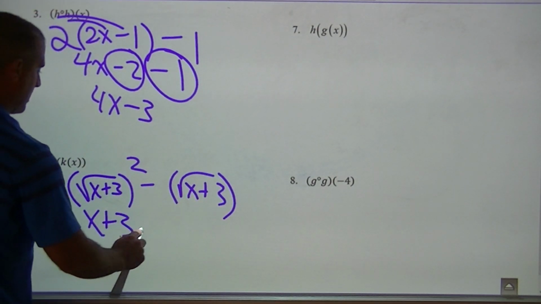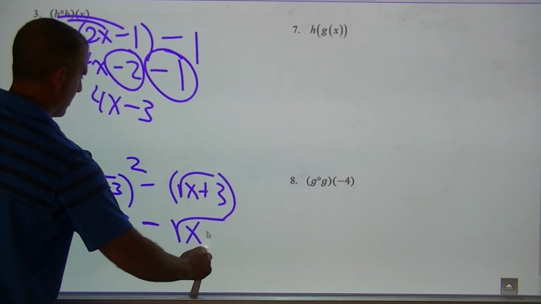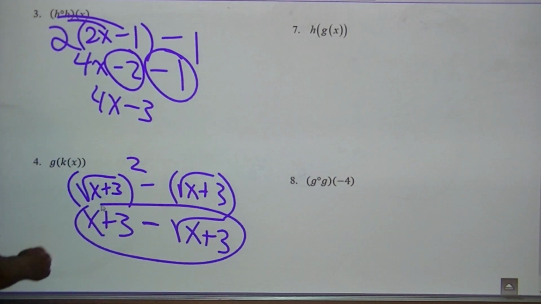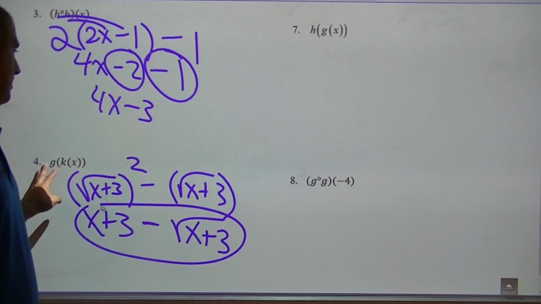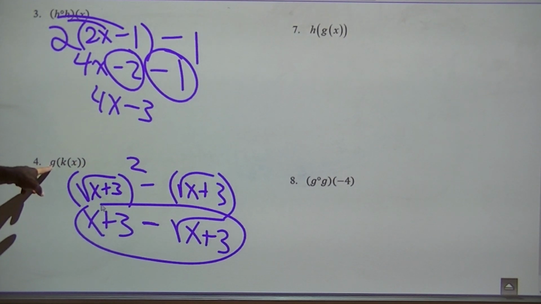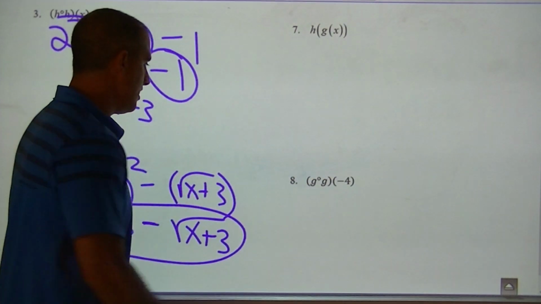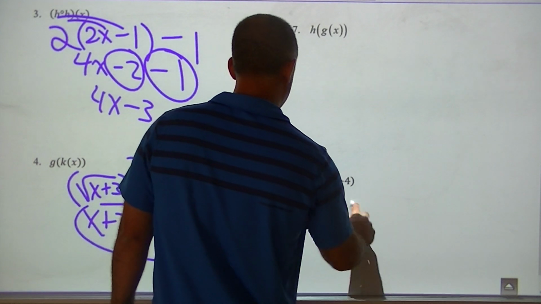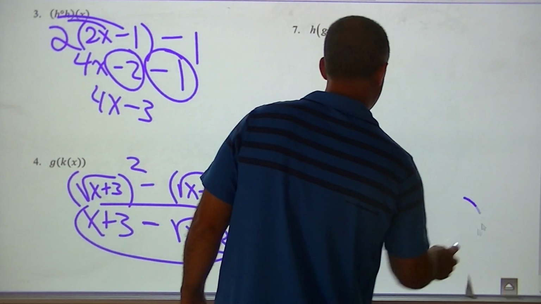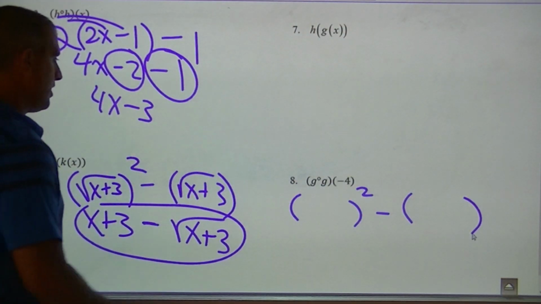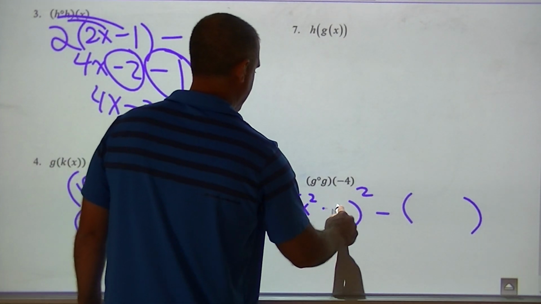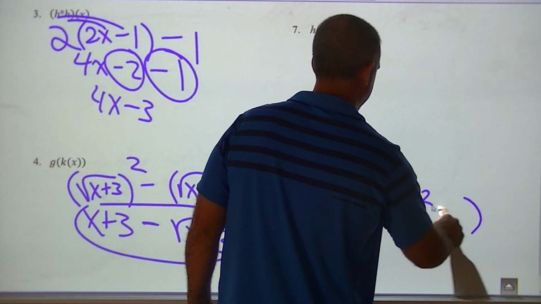That's x plus 3. This just will stay like this, and that cannot combine. Let's just stay with this, g of g. So I got g, which is this, minus this. And I'm going to fill in g, which is x squared minus x squared minus x.